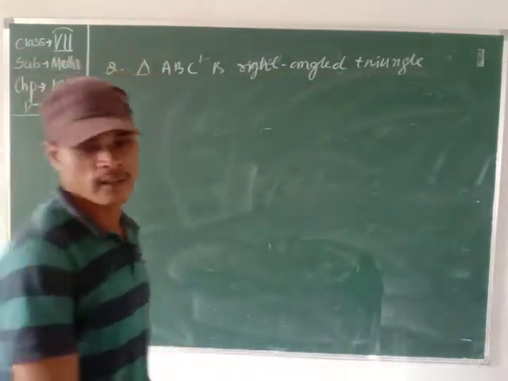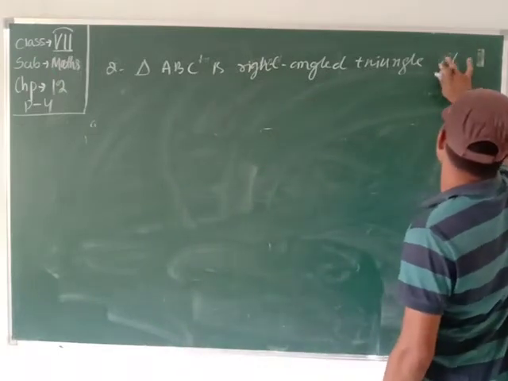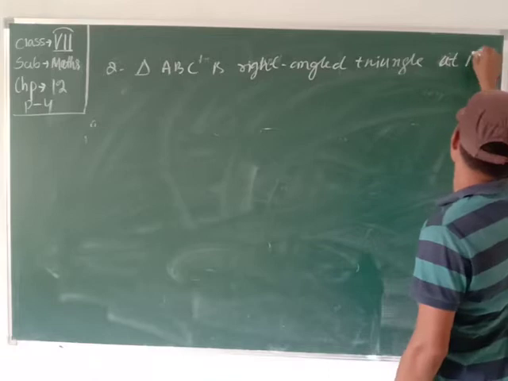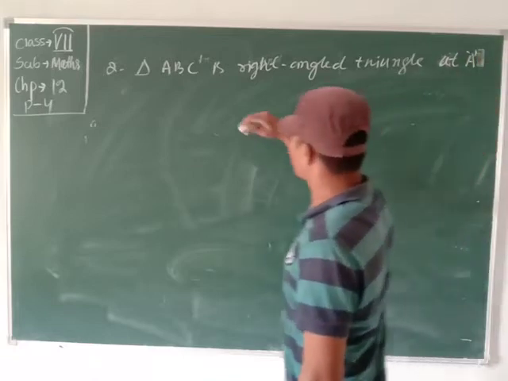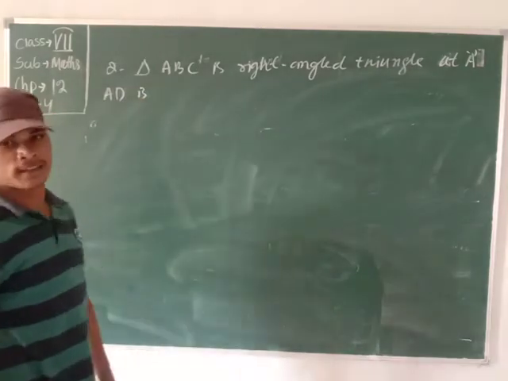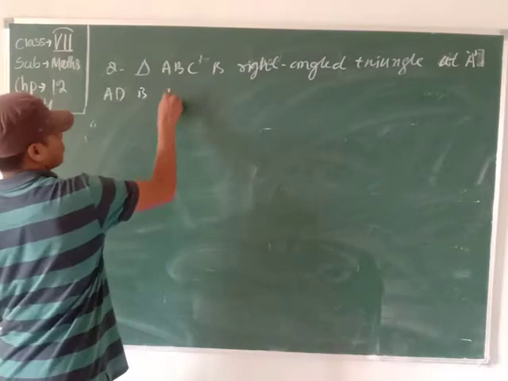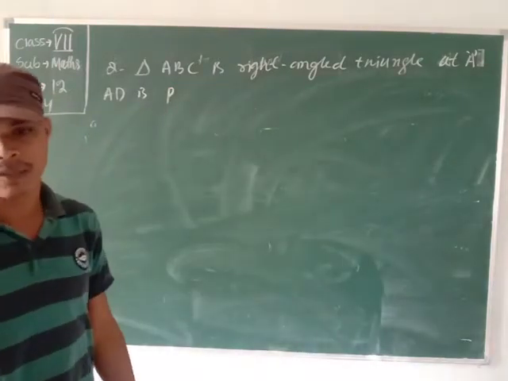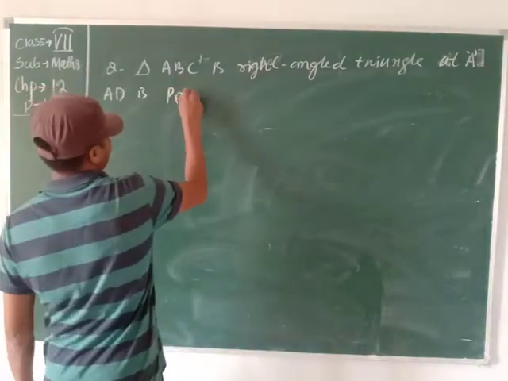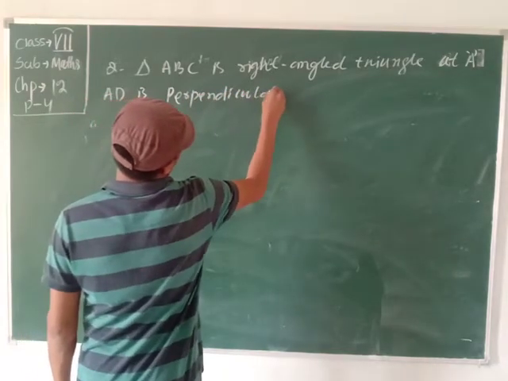At A, AD is the height. That means AD is perpendicular. Perpendicular is known as the height.